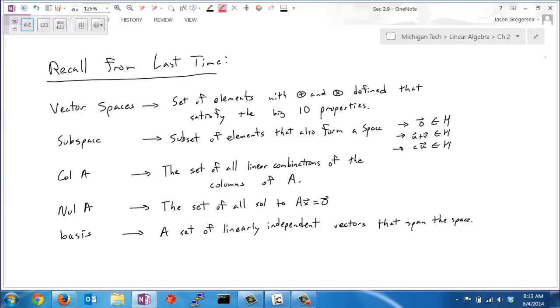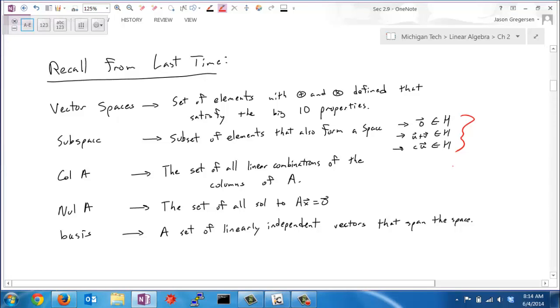Well, we started off with vector space. It was a set of elements where we defined addition and multiplication, and they had to satisfy those big 10 properties. That was our vector space. Talking about subspaces, it was a subset of the elements, and because it already satisfied most of the properties, we only had to check our three here. Is the 0 in the space? Is it closed under addition?